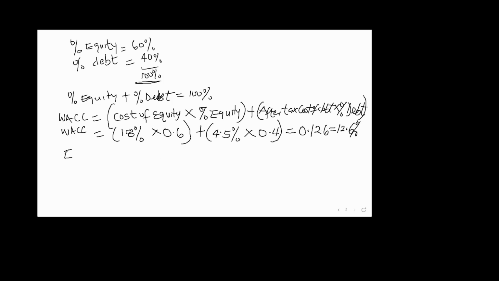Your EVA, remember the formula: NOPAT minus bracket, capital employed multiplied by weighted average cost of capital.